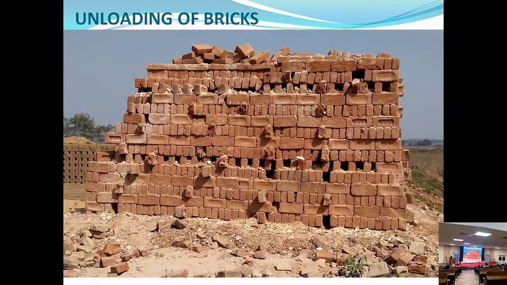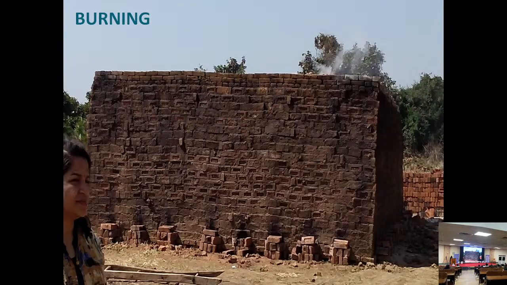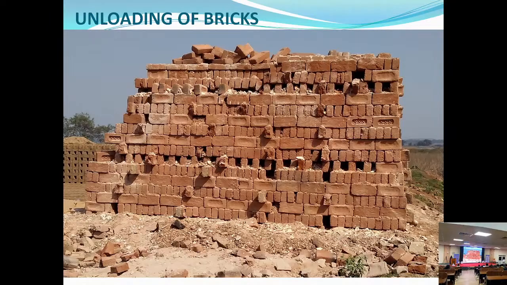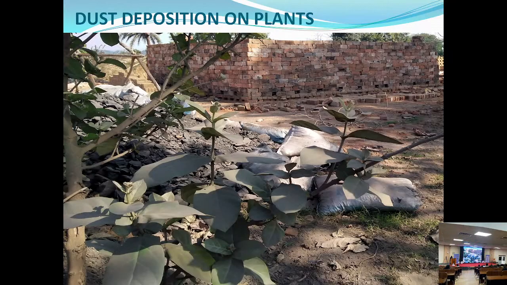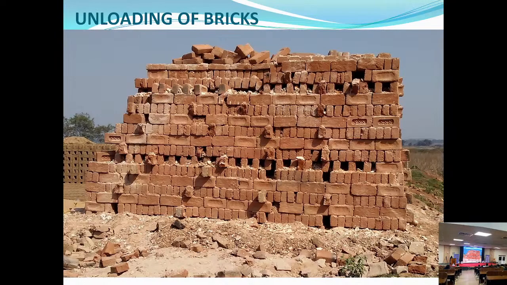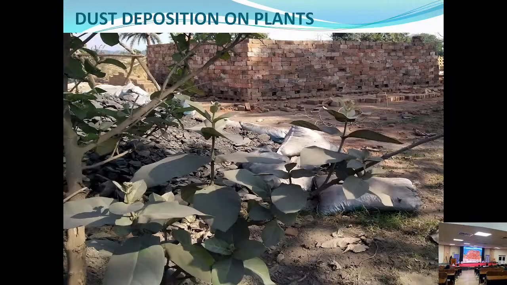Here you can see the release of toxic gases to the atmosphere, as this type of kiln doesn't have any chimney, so the gases released from this kiln go directly to the lower atmosphere. Next, this is the unloading process where the dust is directly deposited on the leaf surface of the plants.